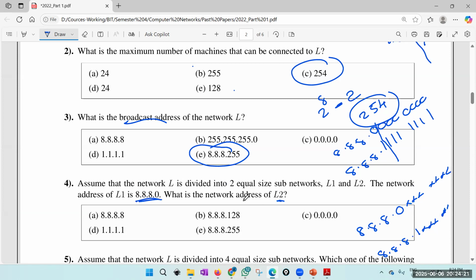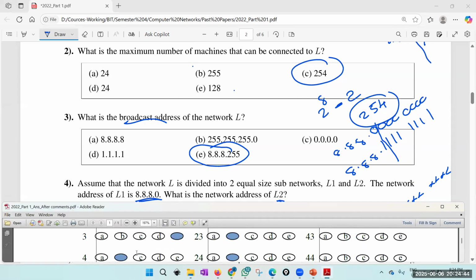What is the network address of L2? That is 8.8.8.1 and all zeros, because the subnet ID is all zeros and the broadcast ID is all ones. That will be 1, 2, 4, 8, 16, 32, 64, 128, because 1 and 7 zeros is 128. So the answer must be B. Fourth one is B.